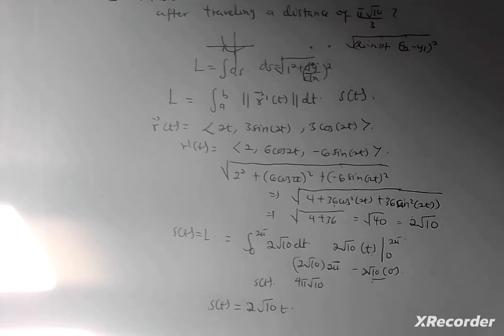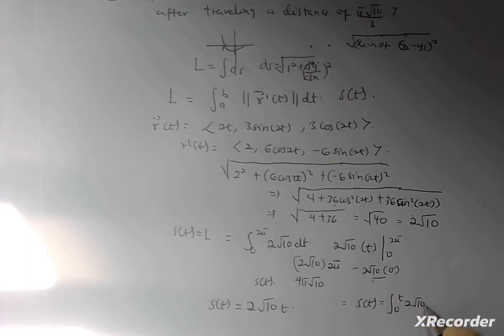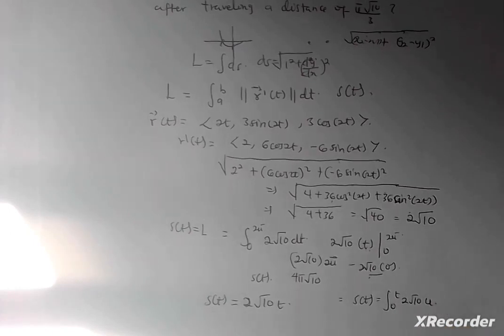So this is the length function. If I want to reparameterize this, I simply find s of t. I take the integral of this from 0 to t of 2 root 10, but here I'm not going to use t, I'll use u. See how it will be done.